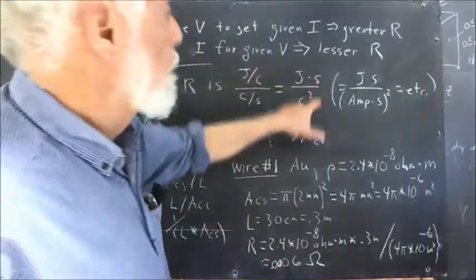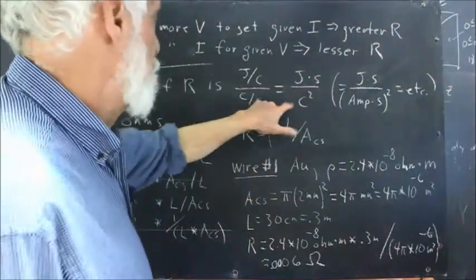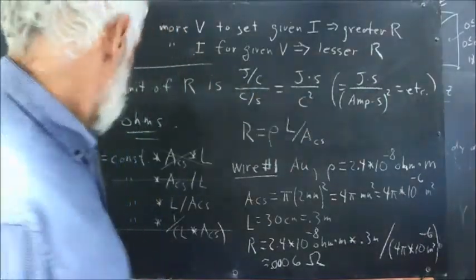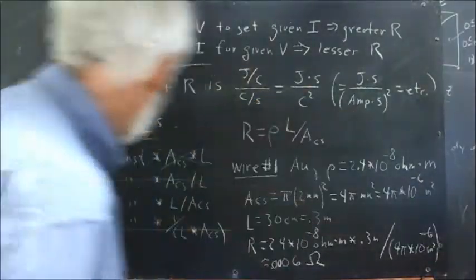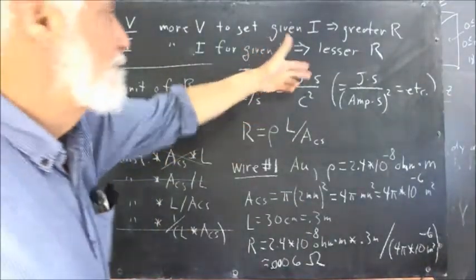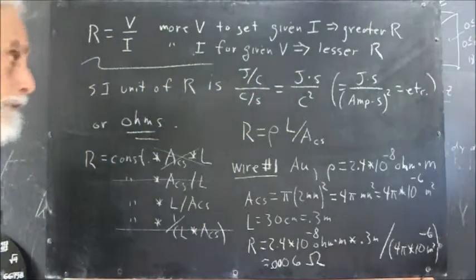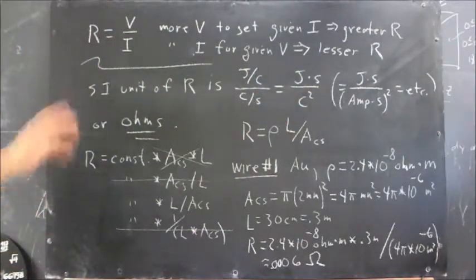However, with joule second per coulomb squared, the coulomb's a little more intuitive than the amp, a little less complicated, even though we can't measure it as precisely. So we will use this unit for now, for most of our calculations.